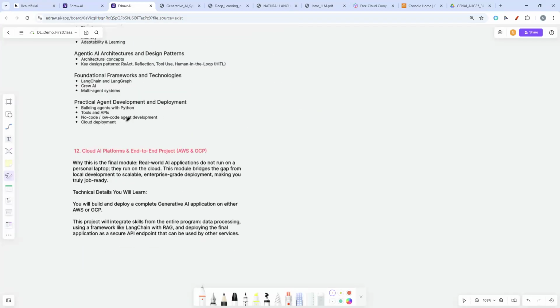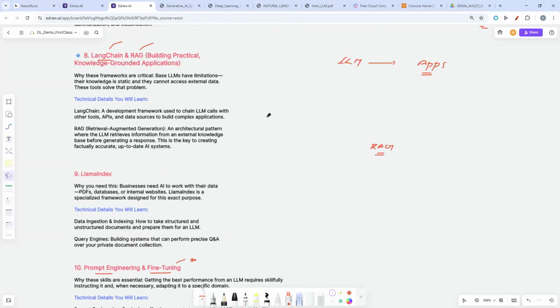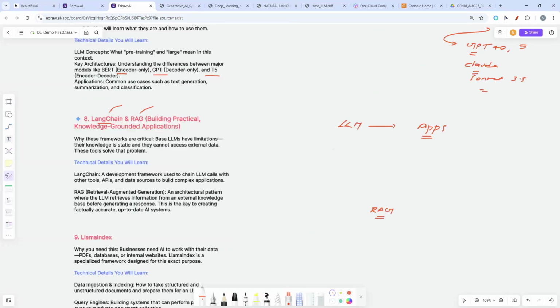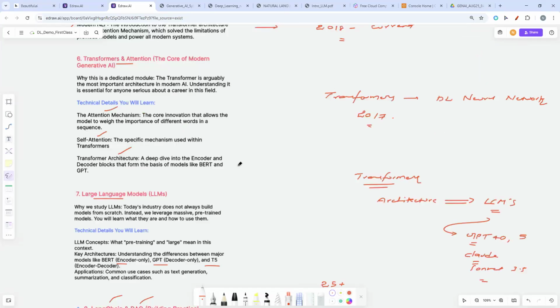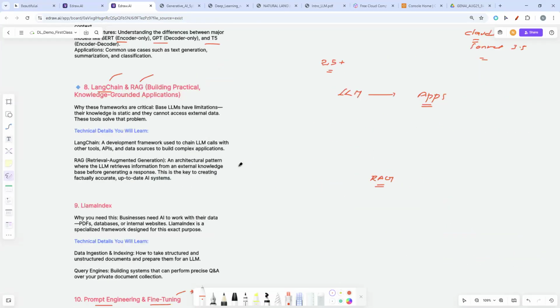Once it is done, finally we will be doing the end-to-end project. By this time we would have already looked into some 20 or 25 plus projects. Actually more than that, we will be covering chatbots themselves.